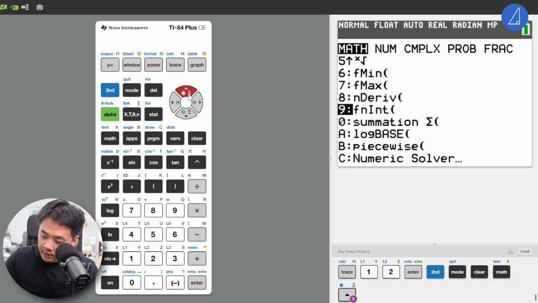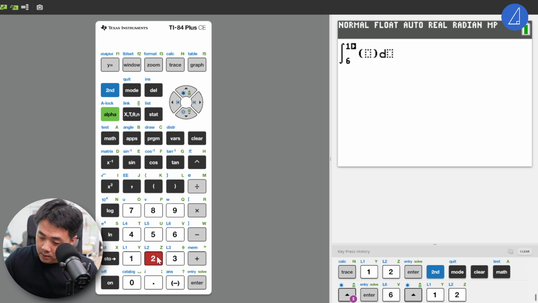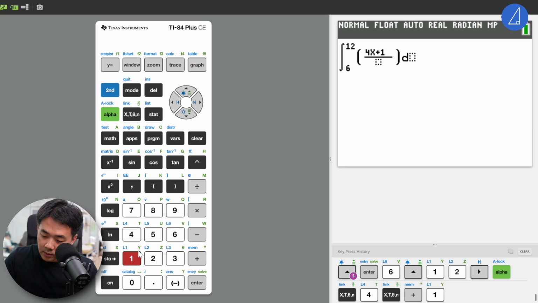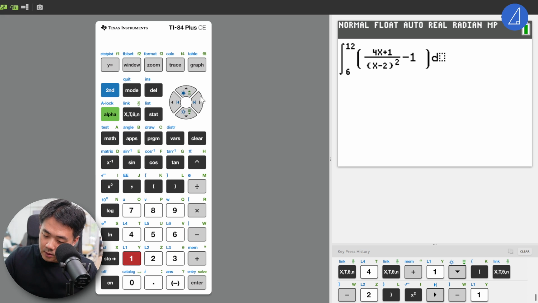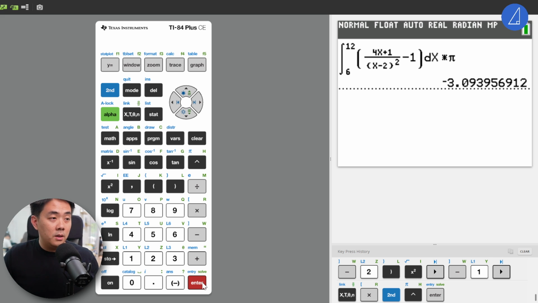Use the integral function, take from 6 to 12, then key in. This guy will be 4x plus 1 on top, and the bottom will be x minus 2 square. Then you put the minus 1 on that bottom, square it, and multiply by pi.